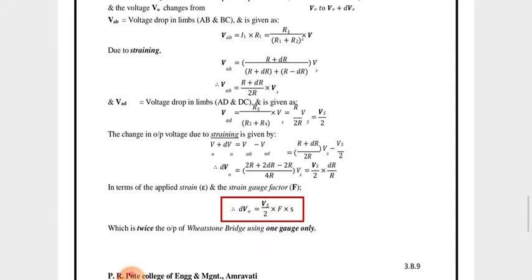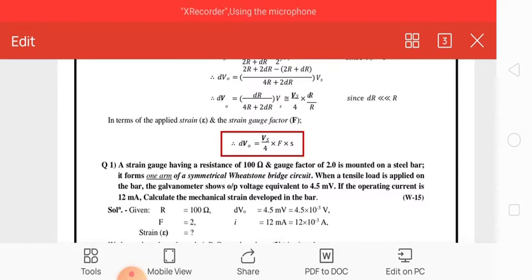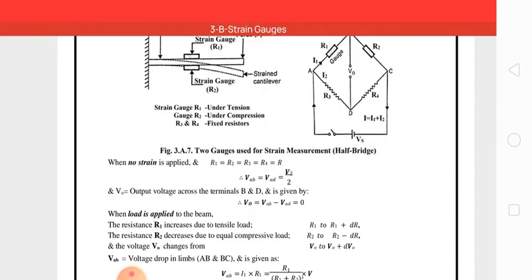This is twice the output of the Wheatstone bridge using one gauge only. Here we can check it. It is Vs by 4 into F, and in case of the half bridge Vs by 2.